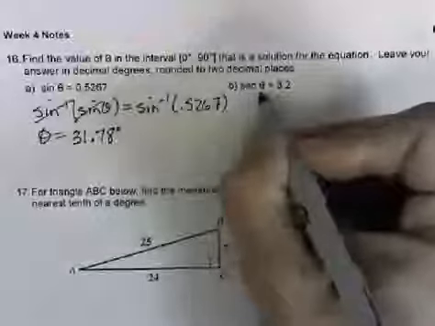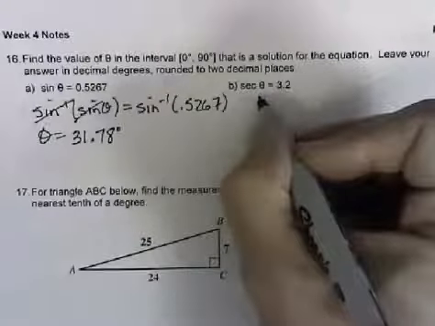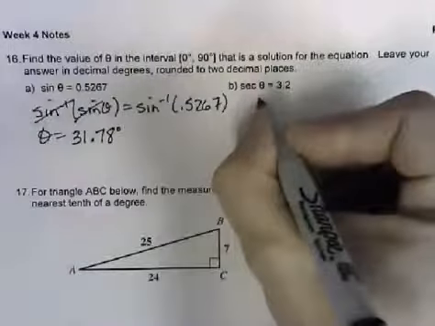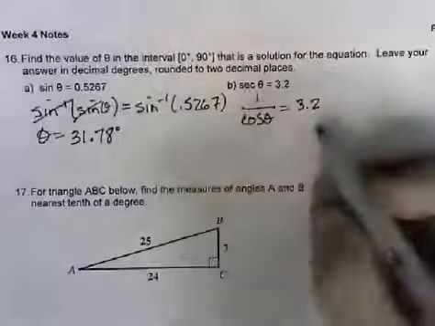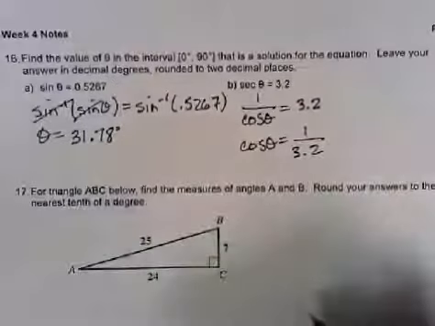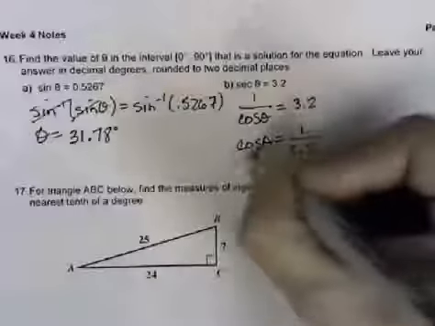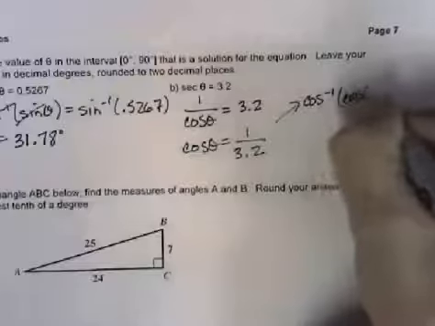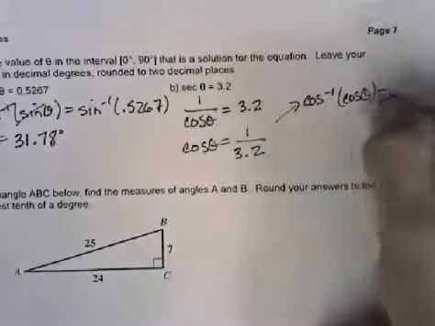For this one, since it's not one of the three main trig functions, I need to use the reciprocal identity again. Secant is the same as 1 over cosine. So I could write it like this, or I could say that cosine of theta is 1 over 3.2. Now what I want to do again is use my inverse cosine function on both sides so that it will cancel out the cosine.